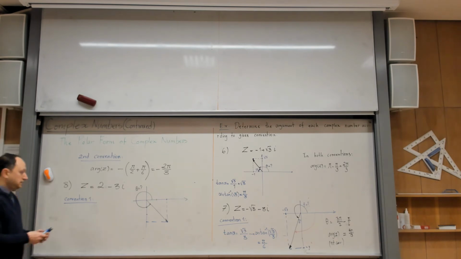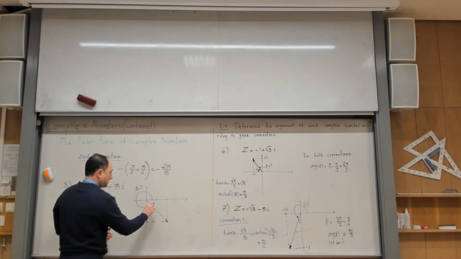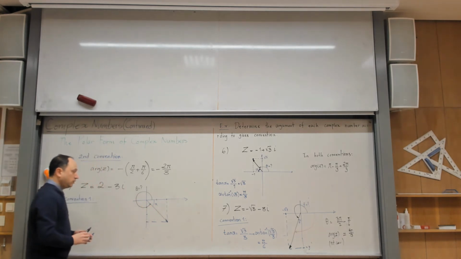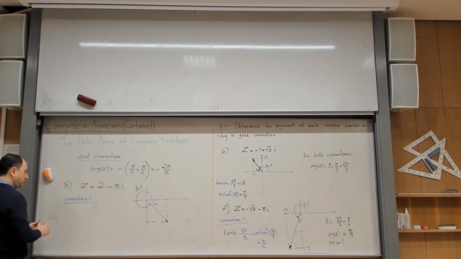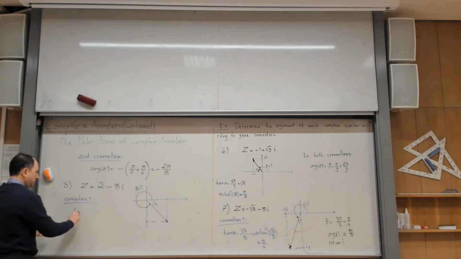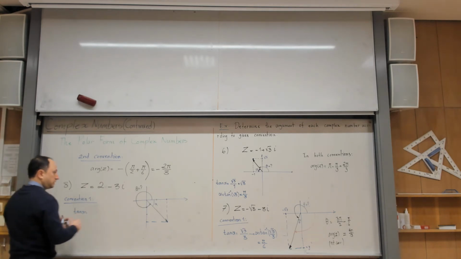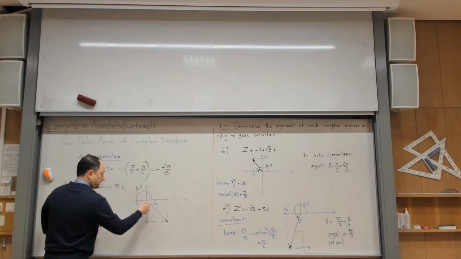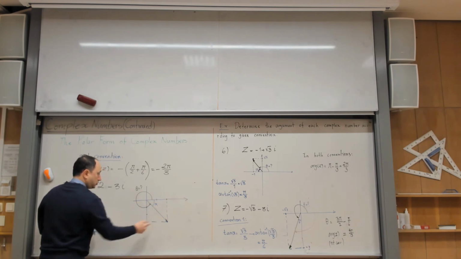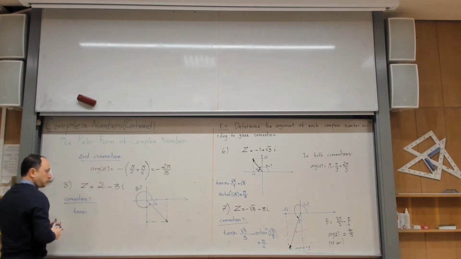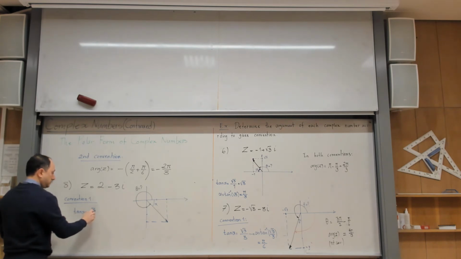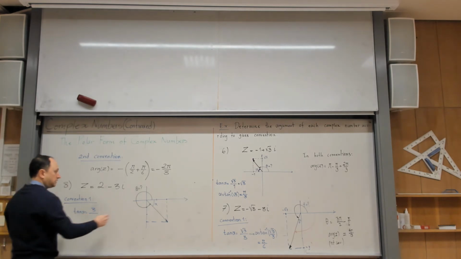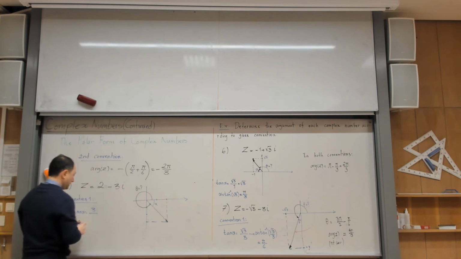And I told you that it is always easier to calculate this angle alpha, and always you use tangent. So you write tangent of alpha is equal to the opposite side. This length is equal to this length, which is 3 units. Don't write minus 3 units, yes? Divided by the adjacent side, which is 2 units.